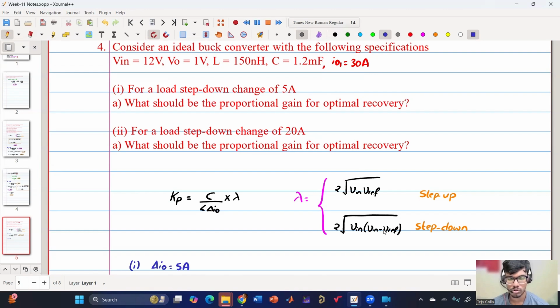Else we have to use a conservative gain, check the simulation to see whether the response meets our requirement, and then use the same gain throughout the response. But kindly note that the gains may not be the same for load step up of 10 amperes and load step down of 10 amperes, because the conditions are different, and so the expressions are also different.